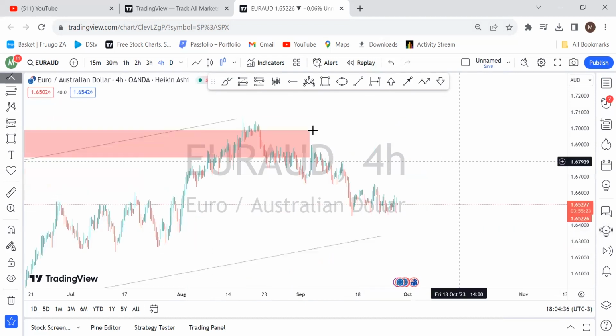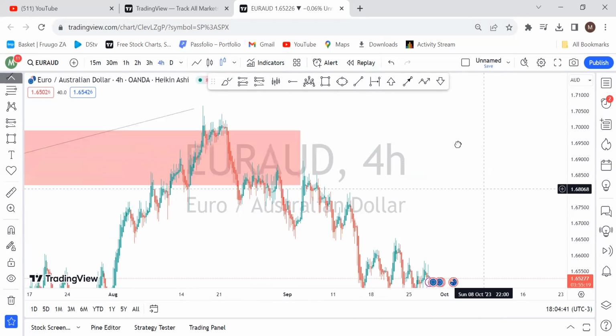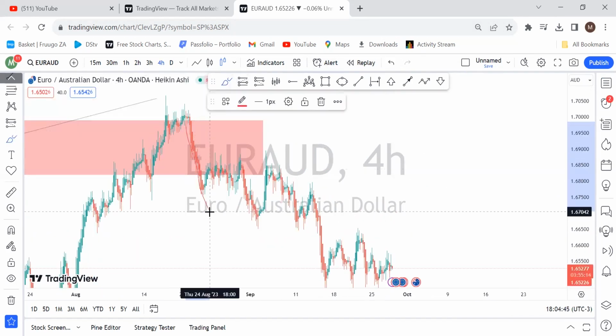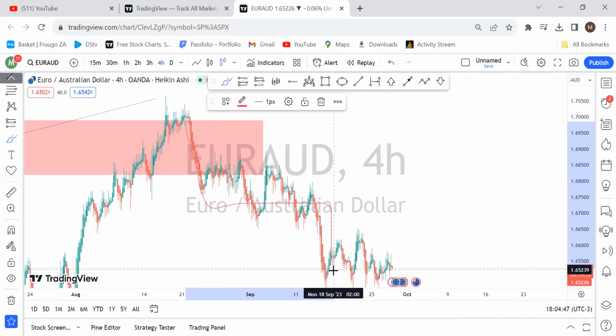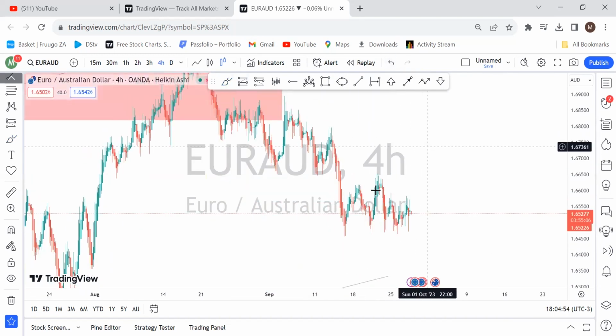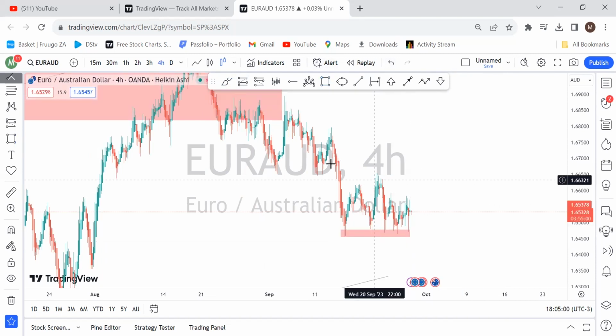And from our third highs, the price went down just like that, corrected, impulse. Now we're at this nice correction. With this correction, you can see it's very flat, so you can just use your rectangle right there.